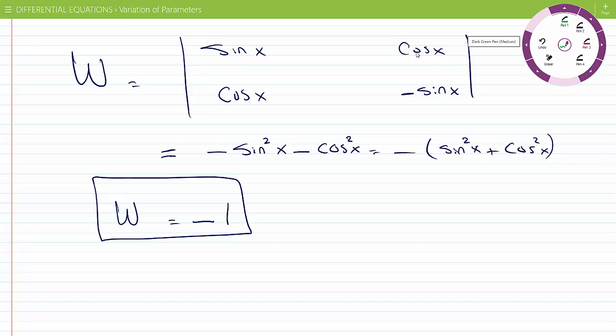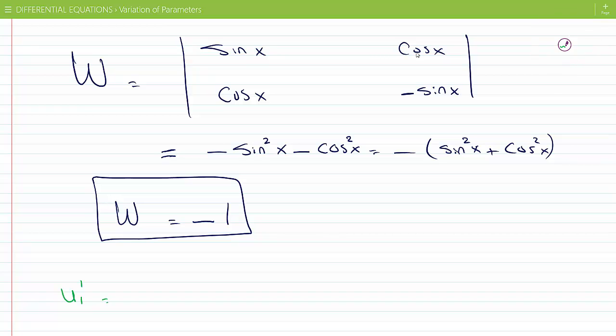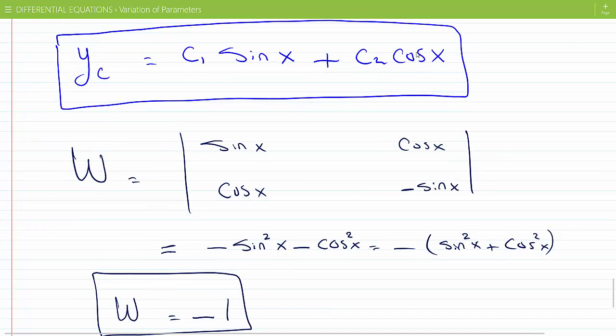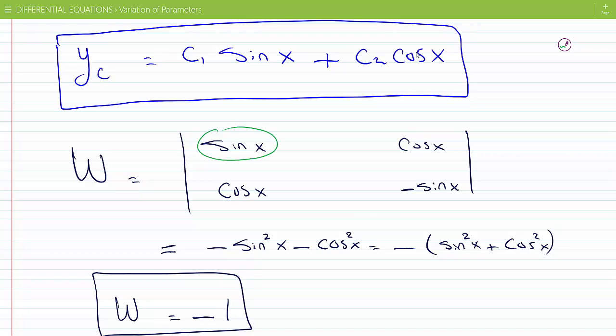So now we go to our u1. So u prime 1 is minus y2 g over the Wronskian. This here is y1, and this here is y2.